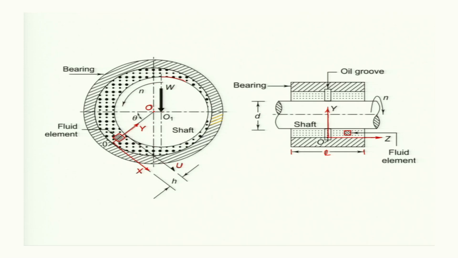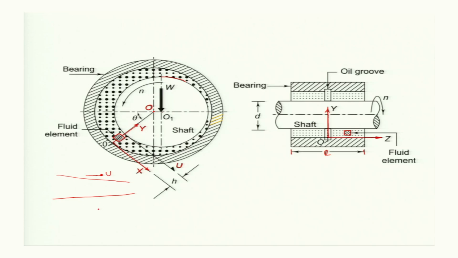So, when you take the plate something like this, then this plate, which is analogous to the journal, is moving with this u.